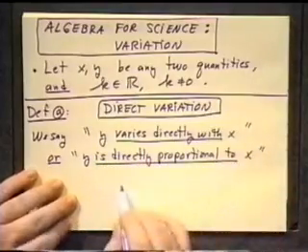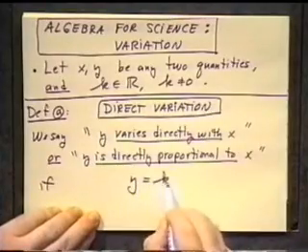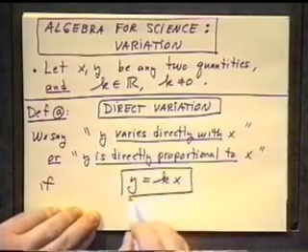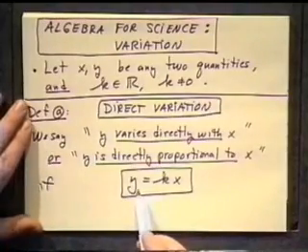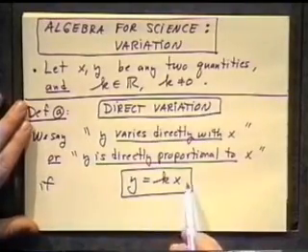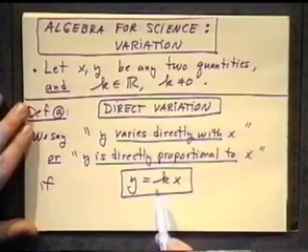So there's another phrase. If y is a multiple of x, so y equals kx. Now, of course, you know what this is as far as a graph goes. It's simply a line, and since there's no intercept indicated here, this is a line that passes through the origin.